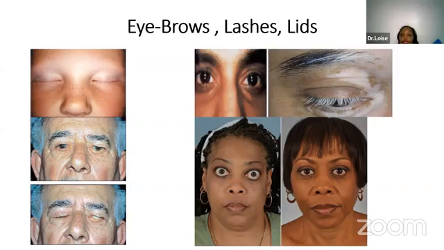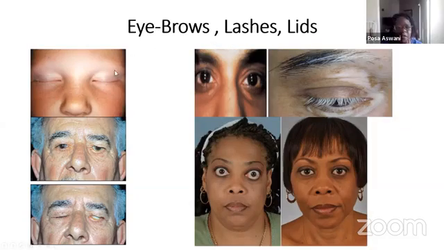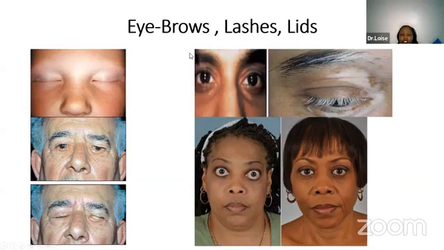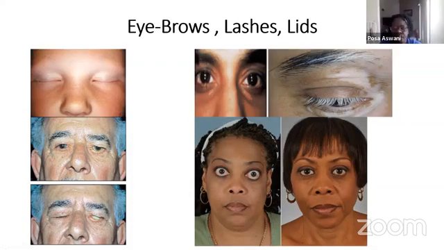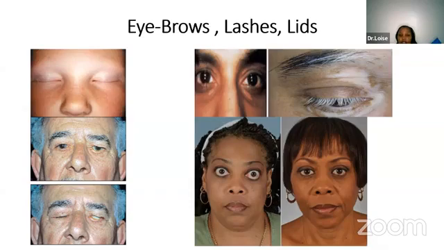Okay, so from this picture, I don't know whether you can see my cursor. I can't see your cursor. So this is the extreme right top picture that has white eyelashes and eyebrows and white patches on the face. Yeah, so that could be a sign of a skin condition we call vitiligo.